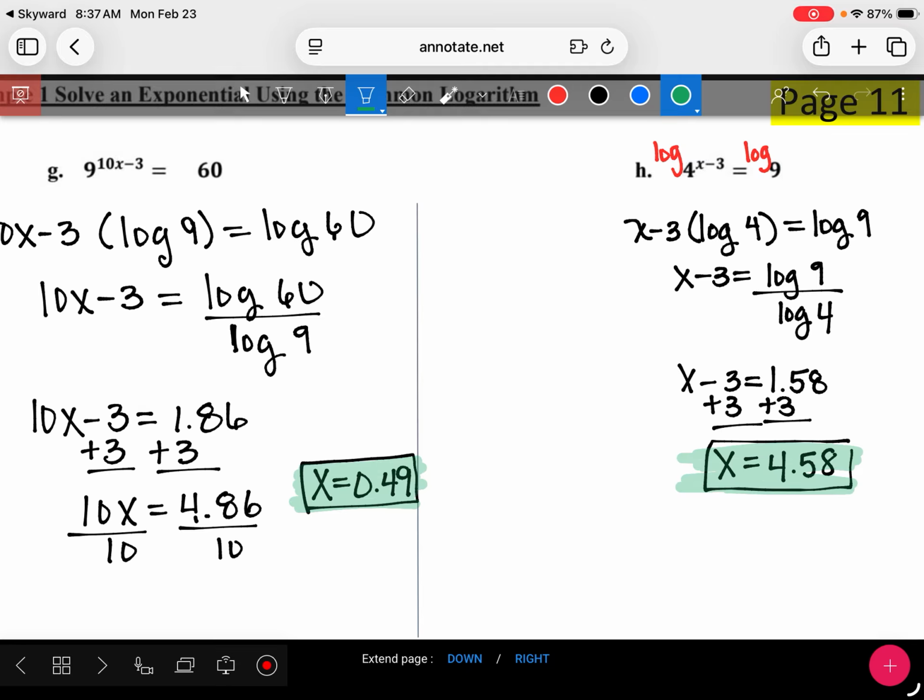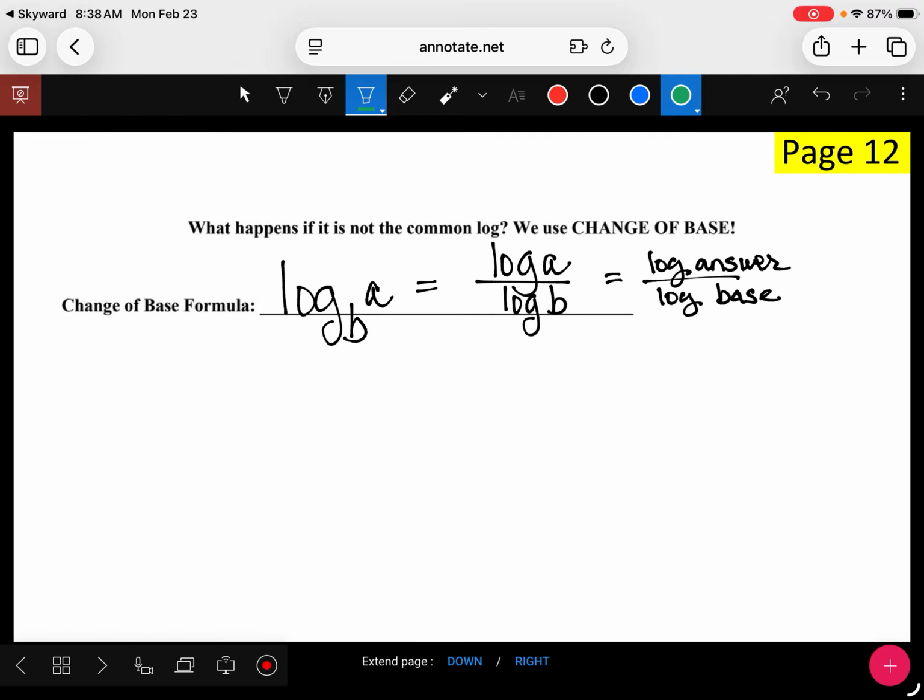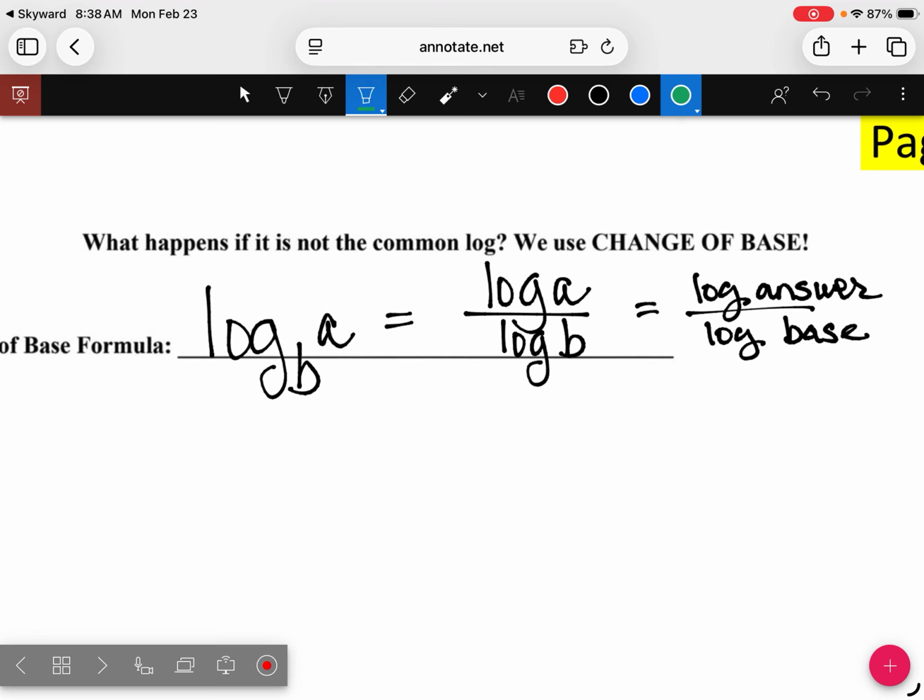All right, the last thing we're going to talk about, let's go to the next page, is a formula. And it's the change-of-base formula. I can go back to it at the end so you can finish looking at it. Go ahead and copy this down.